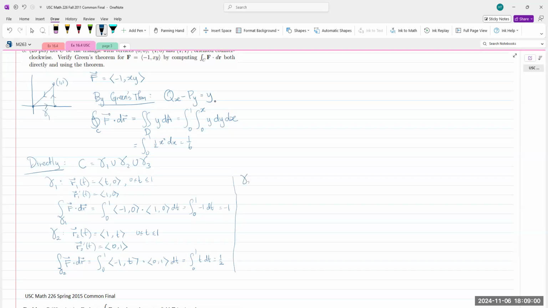How about gamma 3? Gamma 3 will be r3(t), going from (1, 1) to (0, 0). So r3 prime of t will be (-1, -1). The integral over gamma 3 of F dot dr will be the integral from 0 to 1.